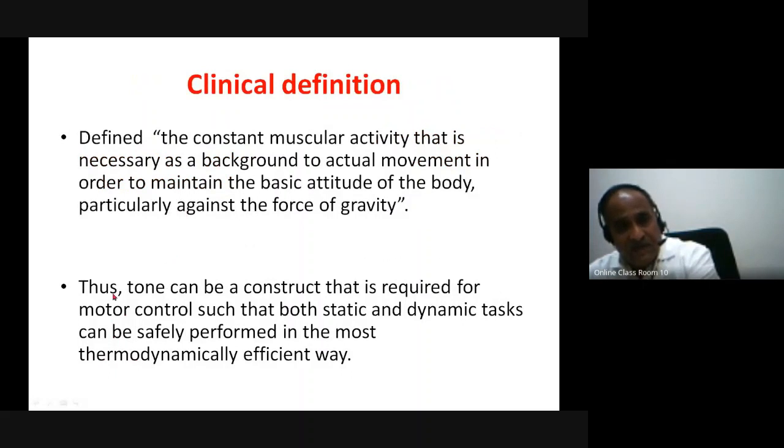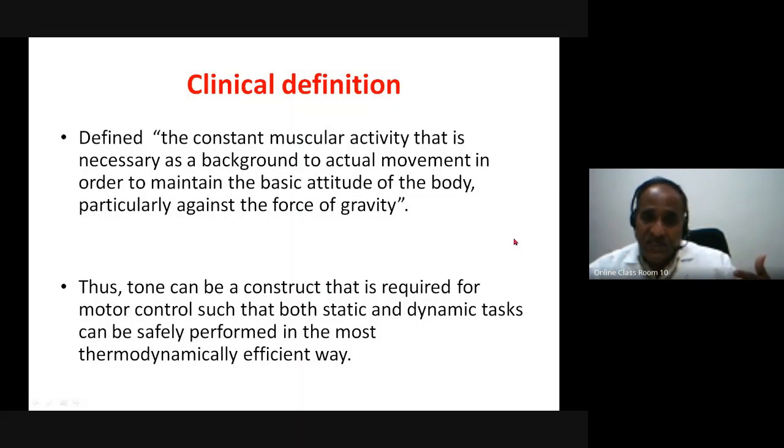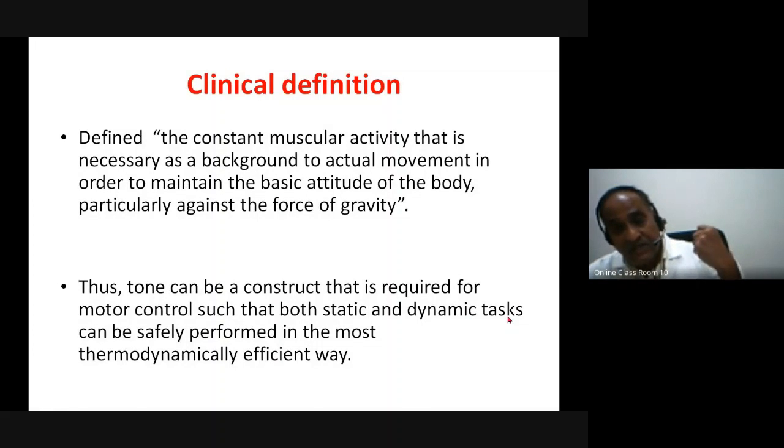Now, the second part: the tone can be a construct that is required for motor control, as it has both static and dynamic tasks. One is at the resting part, and when the muscle is contracting, that is a dynamic state.